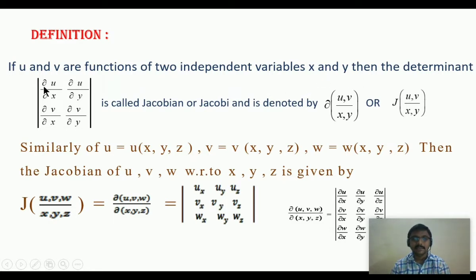Then the determinant of ∂u/∂x, ∂u/∂y, ∂v/∂x, ∂v/∂y is called the Jacobian or Jacobi and is denoted ∂(u,v)/∂(x,y) or J(u,v/x,y). So it is the determinant. It is called the Jacobian of u, v with respect to x and y, where u, v are functions in terms of x and y.